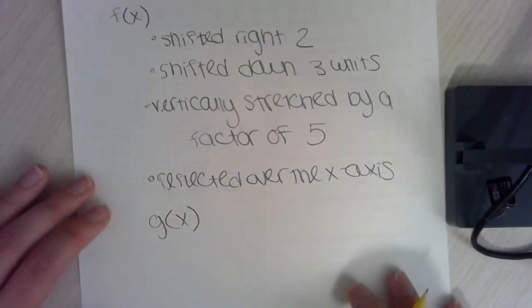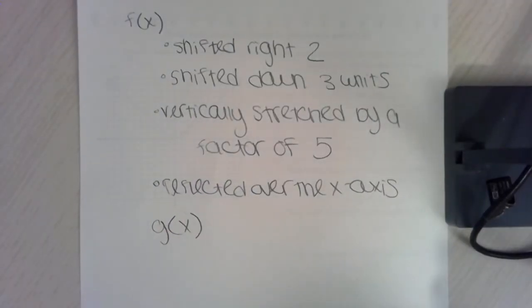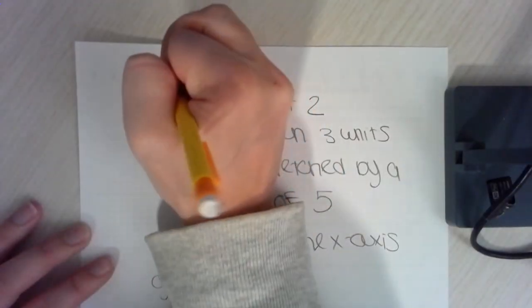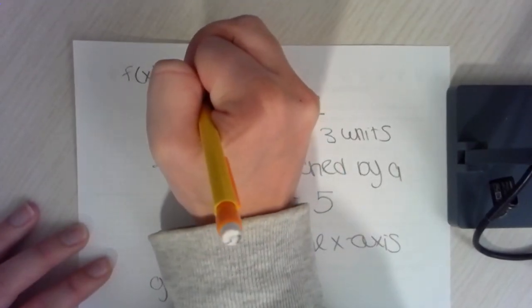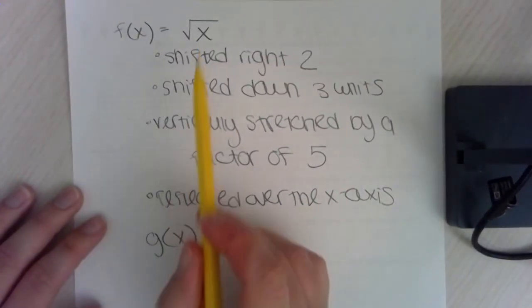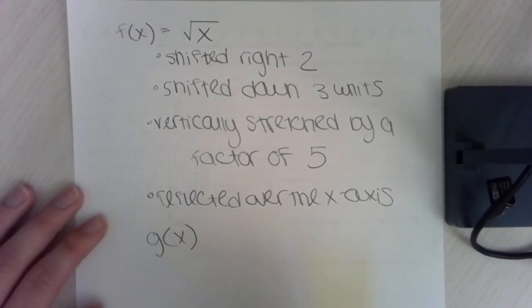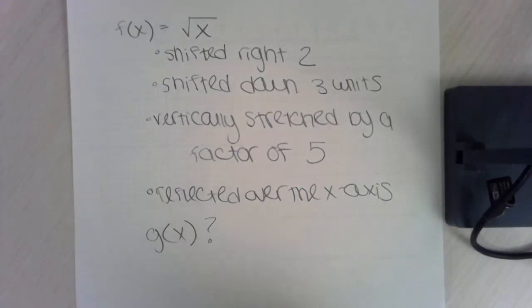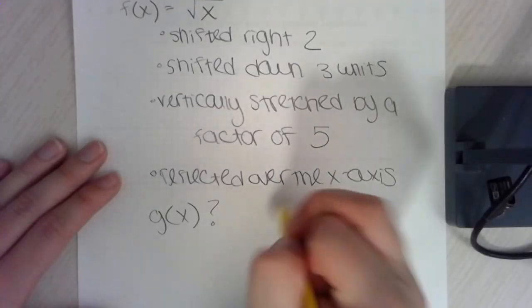So the question is now, what would an equation be for g of x? Now let's say f of x was the absolute value function, so the absolute value of x. So we took this, we did these 4 things to it, and now I want to know what would the equation of g of x be. Okay, so let's talk about what that would look like.